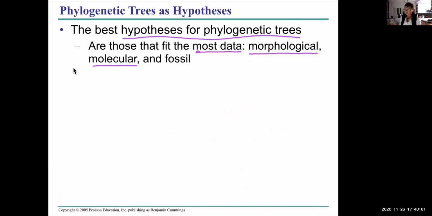You can look at morphological data, what do organisms look like? You can look at their molecular data, how similar are their DNA? You can look at fossil data. Is there any evidence of common ancestors? So the phylogenetic tree, the one that is the best, will be the one that fits the most data.